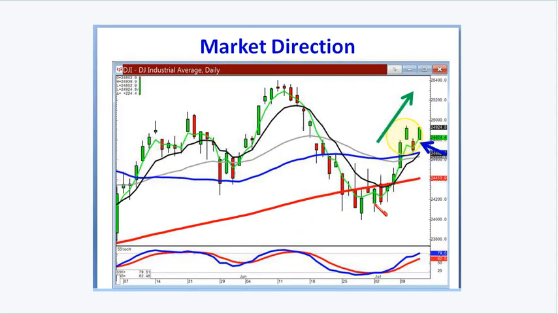But when they confirmed the piercing signal, what didn't they do? They didn't close above the T line. That told us there was still some more consolidation going on down here. It wasn't until this day when they actually did close above the T line that told us the probabilities were pretty strong we were heading in an uptrend.